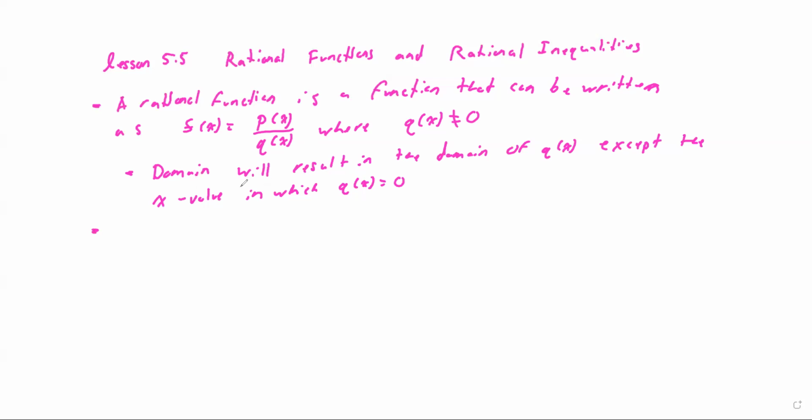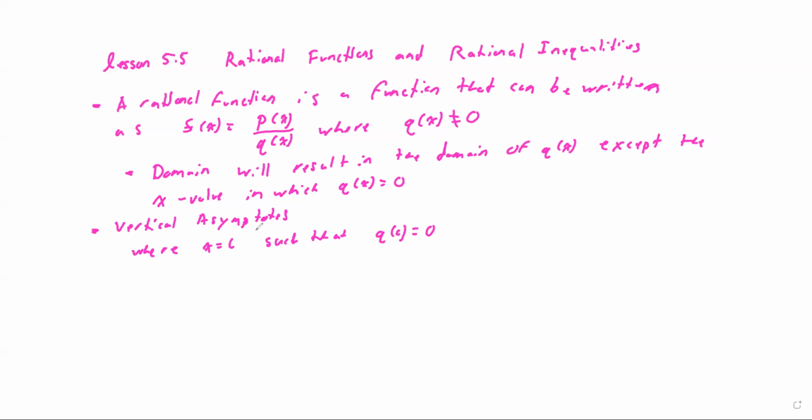Now, in these restrictions, what happens when q of x does equal zero actually gives us part of a graph so we can have an idea of what's going on. And these are called vertical asymptotes. It's where x equals c such that q of c equals zero.